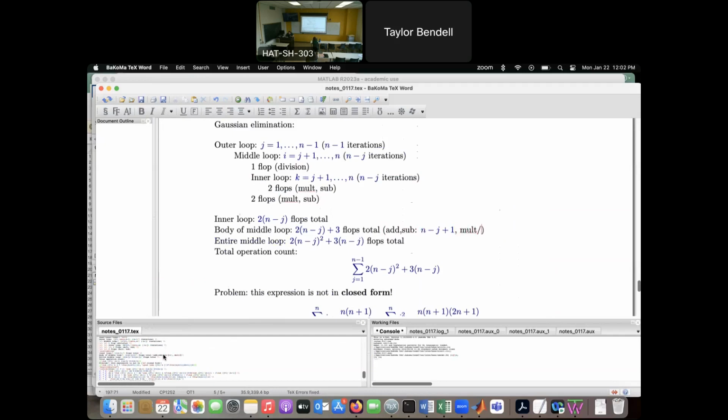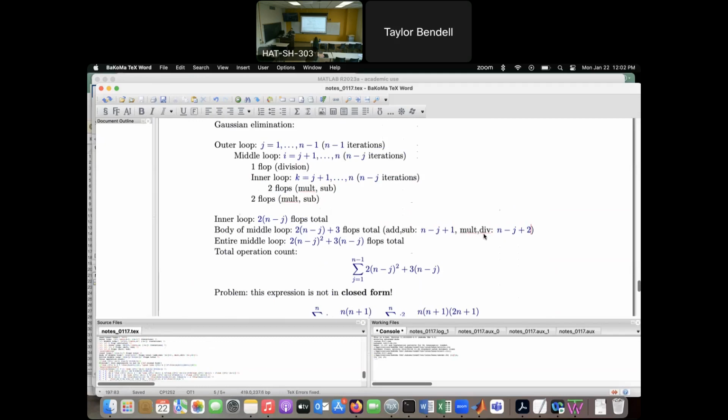Whereas multiplications and divisions, that would be n minus j plus 2. So it's safe to say that roughly half of flops are additions and subtractions, probably more than half of them multiplications and divisions.